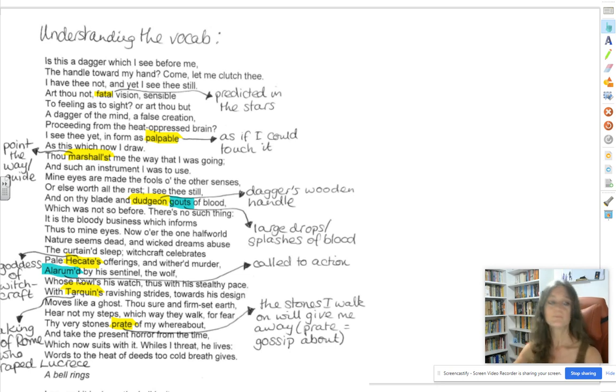Now, down here, he talks about pale Hecate, and we'll talk more about her a little bit later, but just to remind you that Hecate is the goddess of witchcraft. Down here it talks about withered murder. Withered murder is alarmed by his sentinel, the wolf. And the way that we probably interpret that nowadays is, oh, the wolf has made me jump, it's alarmed me.